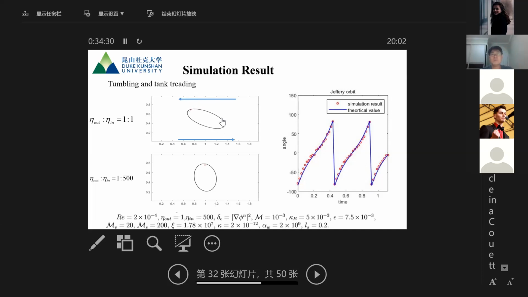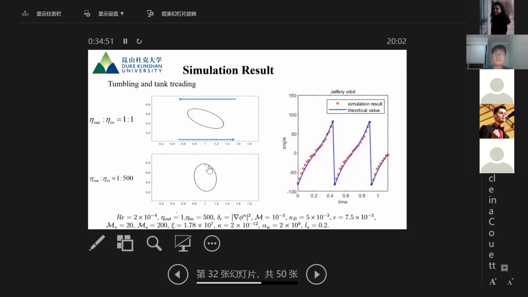You can see this by looking at the red circle. It's tracking one fixed point on the membrane. So it does a rotation on the membrane, and the circle always keeps in this direction, okay? So this is called tank-treading motion, okay?